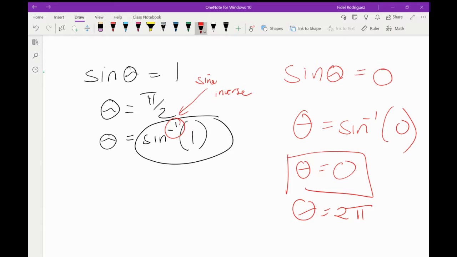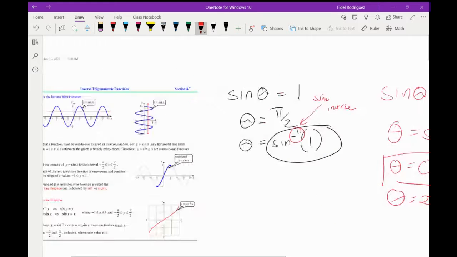If I ask you, what's 7 squared? You don't get anything different, you just get that one answer. But here, do you see how we're coming up with 2 answers? We're coming up with 0, but we're also coming up with 2 pi, right? And so we shouldn't be getting 2 answers. We should always get 1.